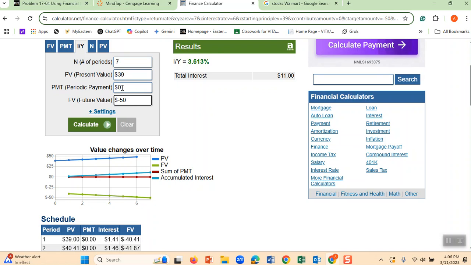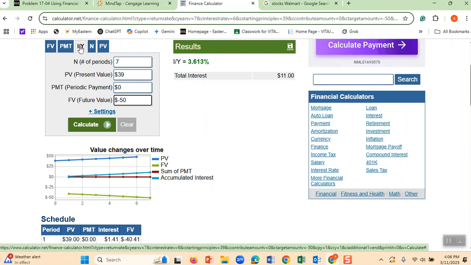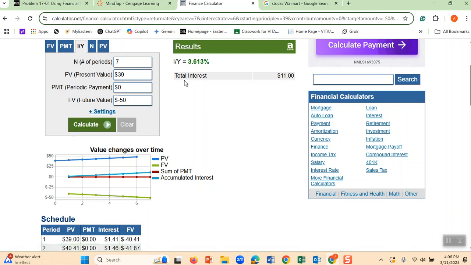And you don't get any payments. Payments means I don't pay you any dividend over 7 years. And then the problem is asking you for internal rate of return. I click calculate, and it is 3.613, which means you have had 3.6% annual interest rate. That is problem number 4.